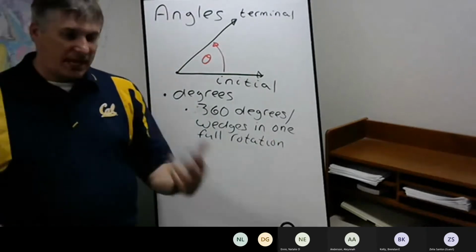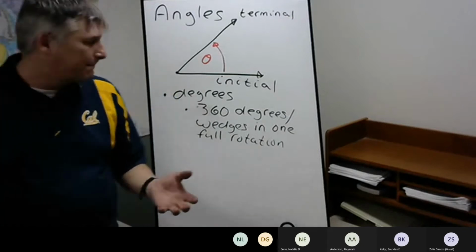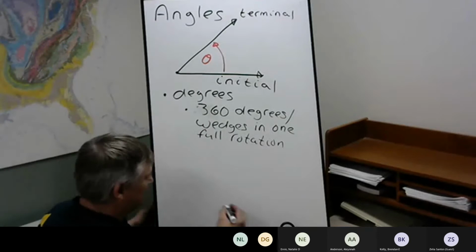So you take a circle, basically divide it up into 360 equal slices, and this is what you're going to get. You're going to measure an angle.